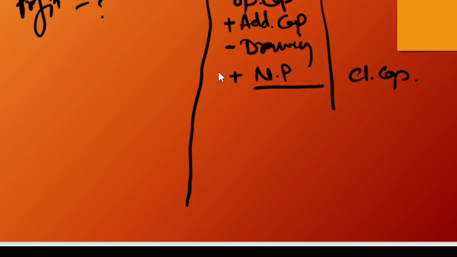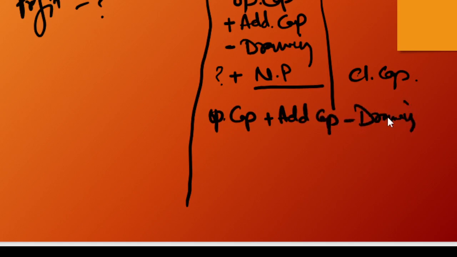So if you need to find out your net profit, what are you going to do? Because the basic formula is opening capital plus additional capital minus drawing plus profit equals closing capital.